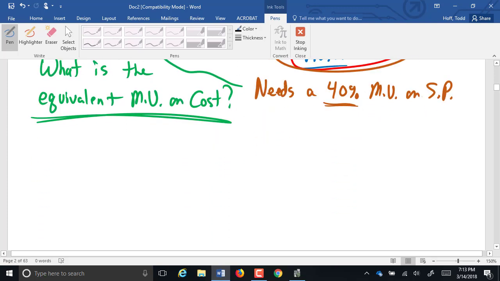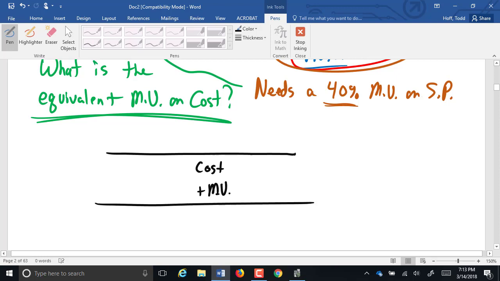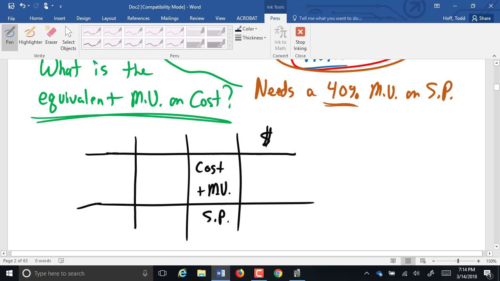There's a couple of ways we can go about this. I'm going to do this. Cost plus markup equals selling price. Notice I've got the left side elongated a little bit here. The right side's still going to be dollars. On the left side, there's actually going to be two columns.